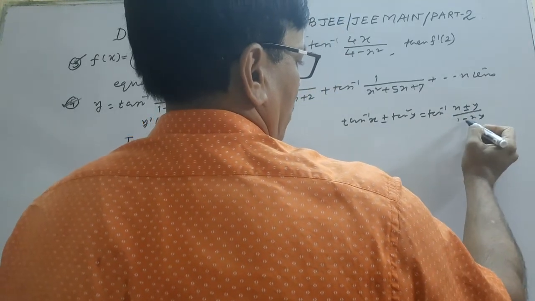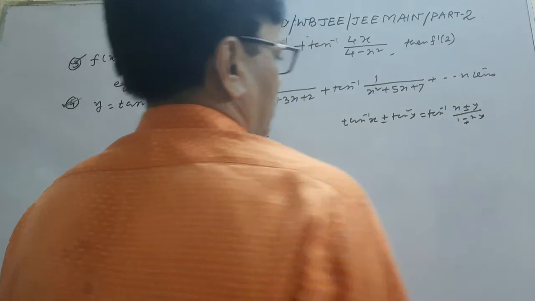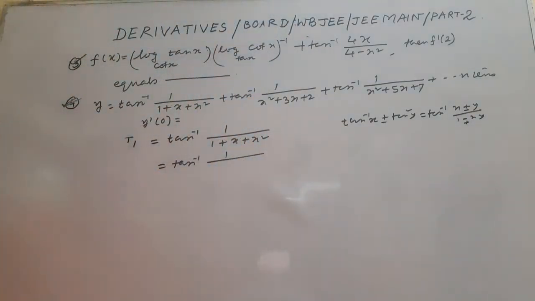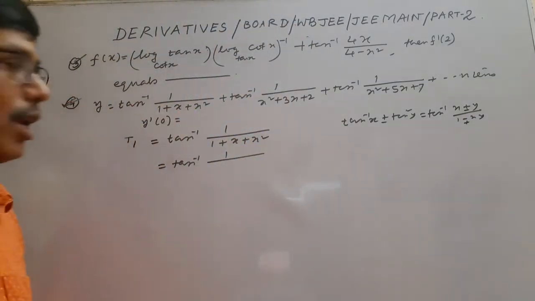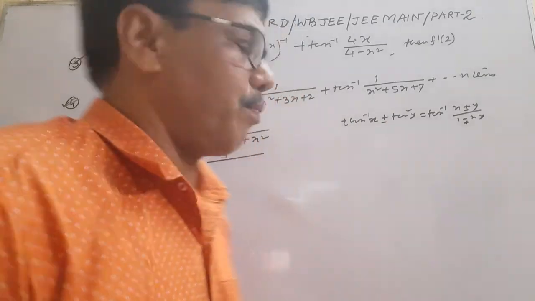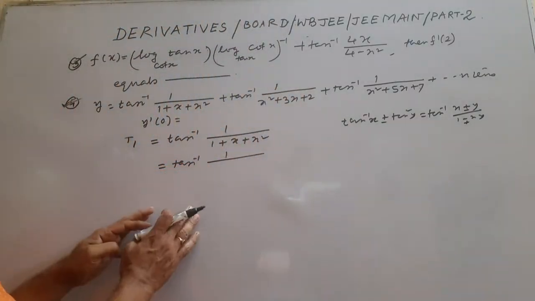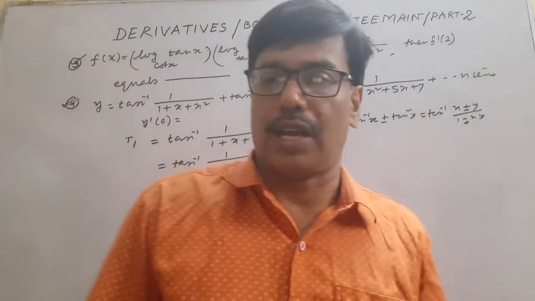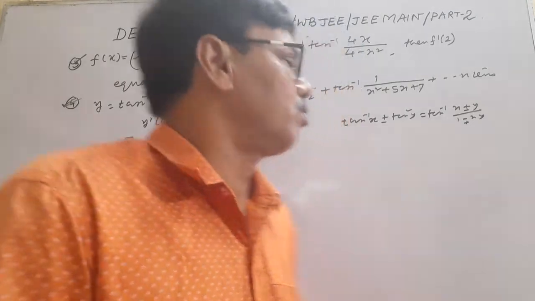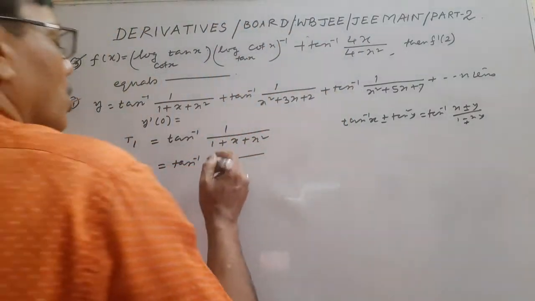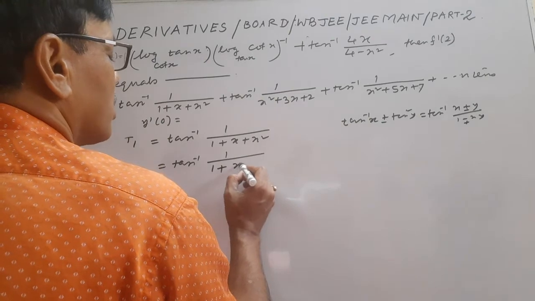So this is plus minus, this is minus. So T1 is given in compact form.